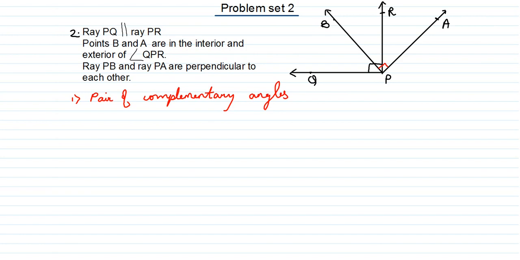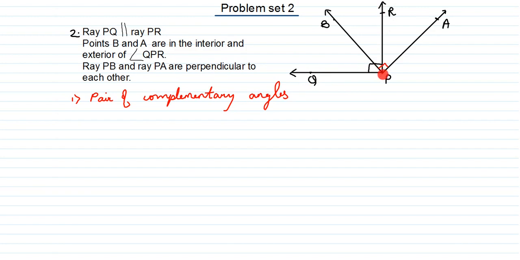Now we know over here this ray PQ is perpendicular to ray PR. That is, the angle which will be formed in between these two rays will have measure 90 degrees. So here which angle is there? Angle QPR. This angle QPR is 90 degrees.